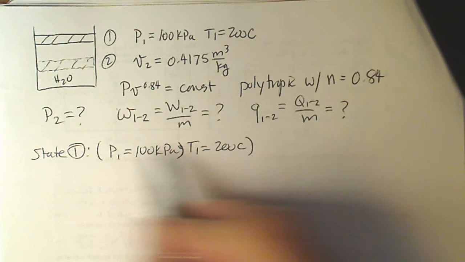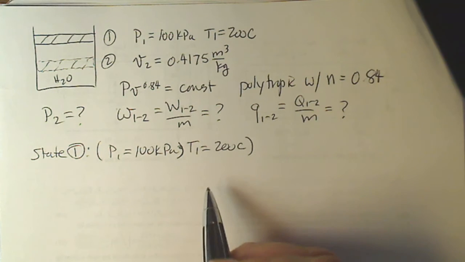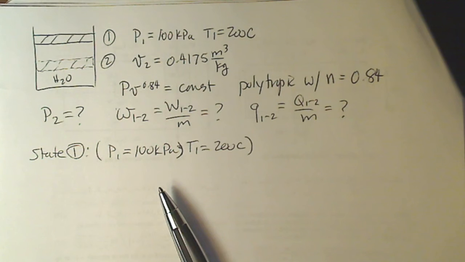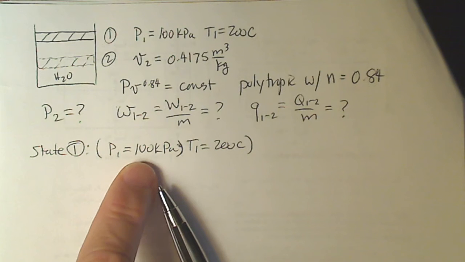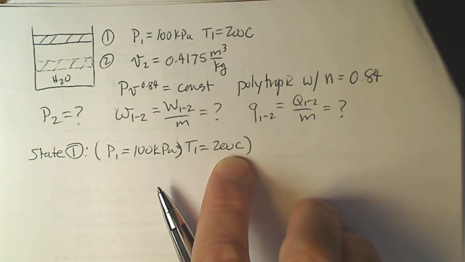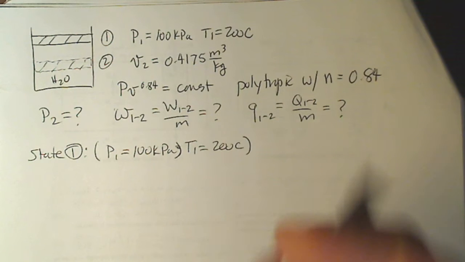So this pair of property coordinates should allow us, we hope, to find any information that we need to know about state one. So in my thermotables, I'm finding at 100 kPa, which is 0.1 MPa, and 200 degrees C, I find the following information.